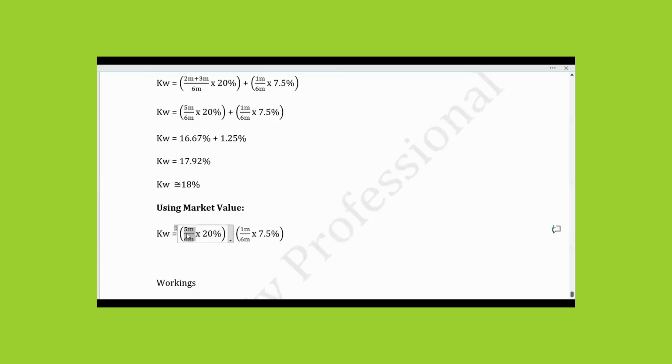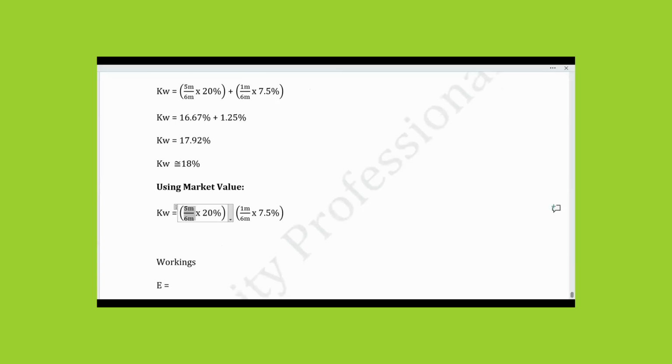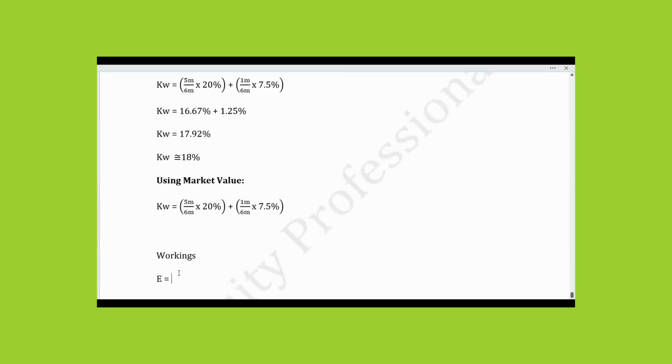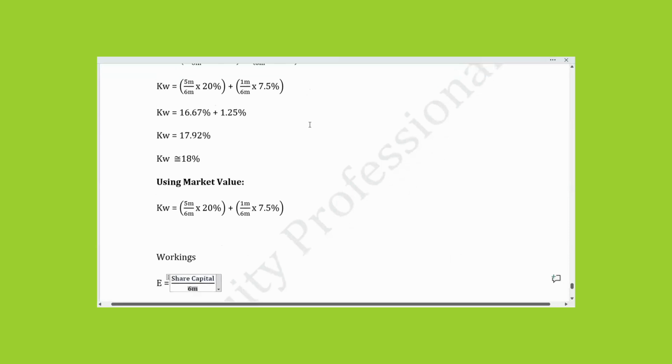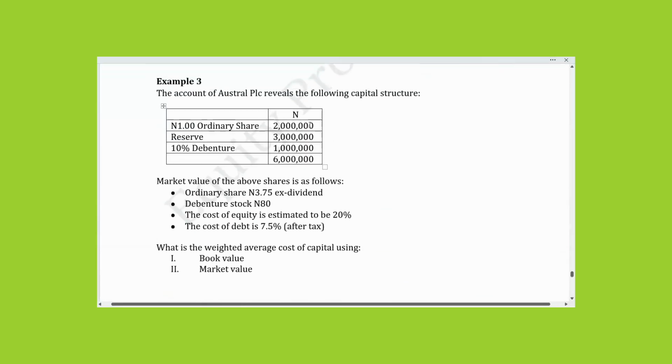Let me copy only this side. The formula to use will then be share capital divided by nominal price. Let me check what the examiner calls it. Is it nominal price?